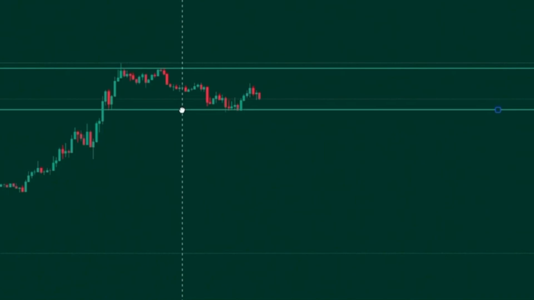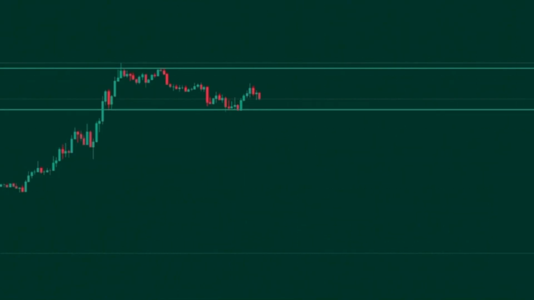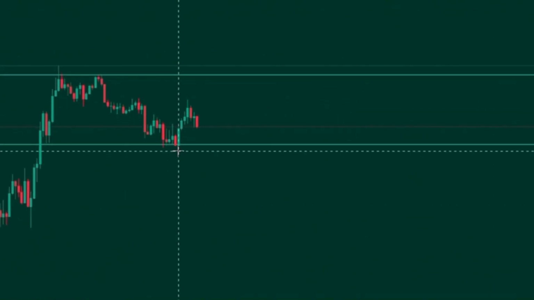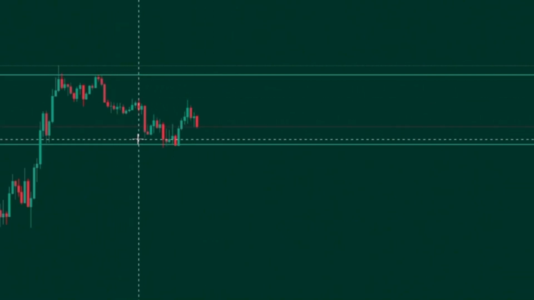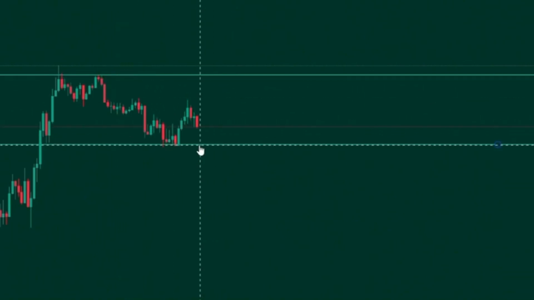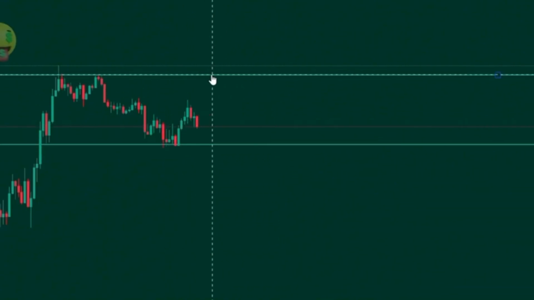Just tap it here a bit. There we go. Perfect. So these are our levels, basically. Now, that's number one. Once you've identified liquidity, you need to wait patiently for price to grab the liquidity either along the low or at the highs.